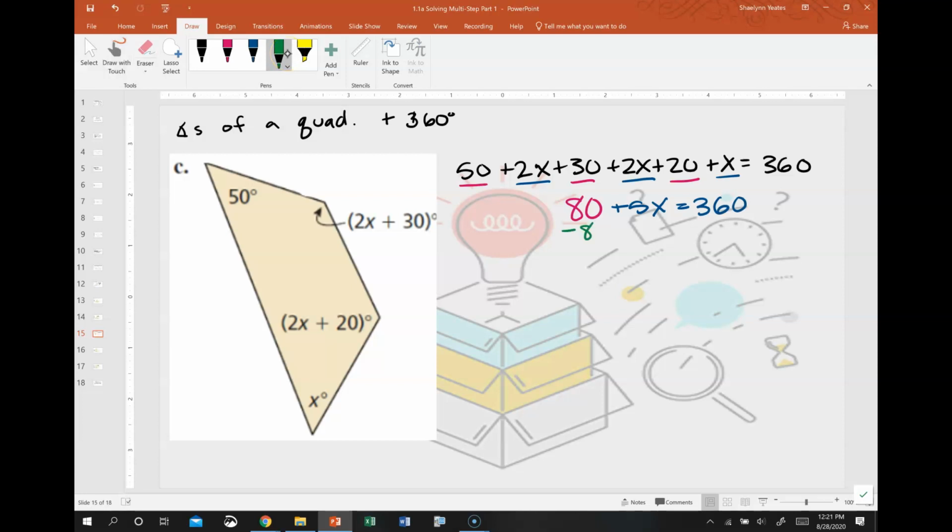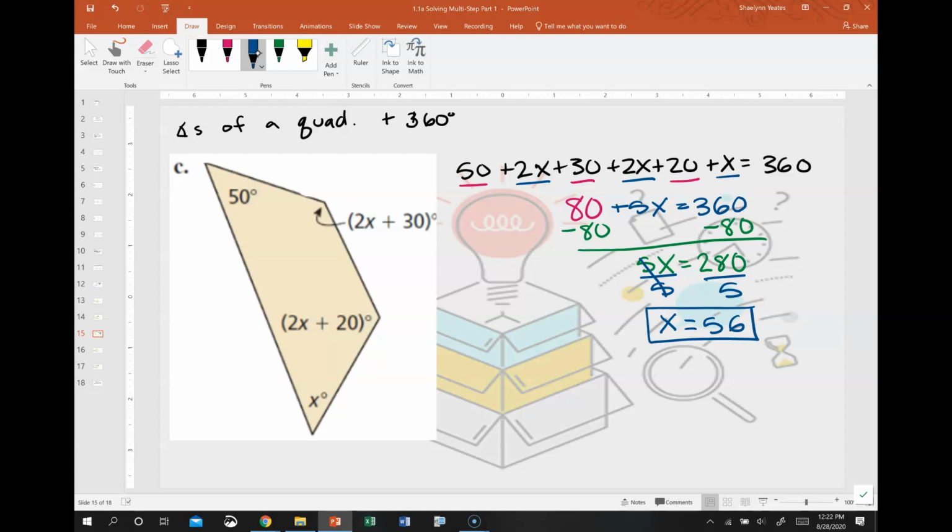From here I would subtract 80 from both sides. And 360 minus 80, so we'd have 5x equals 280. Then from here we would divide both sides by 5. And we would get x equals 56.